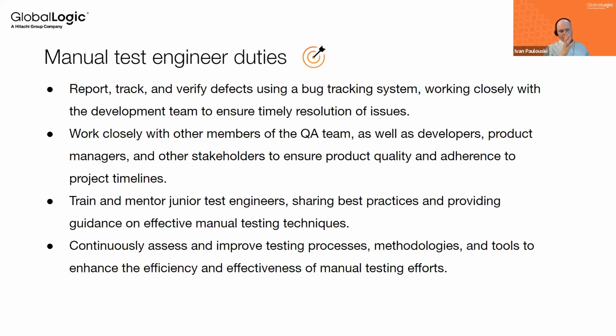If you work as a QA in some kind of silo, your own QA silo, it will not benefit project quality so much. That's why you need to work closely with other teams. Quality assurance is not only the test engineer's responsibility. Quality assurance is a whole team responsibility. So work closely with other members of the QA team, as well as the developers, product managers, and other stakeholders to ensure product quality and adherence to project timelines.